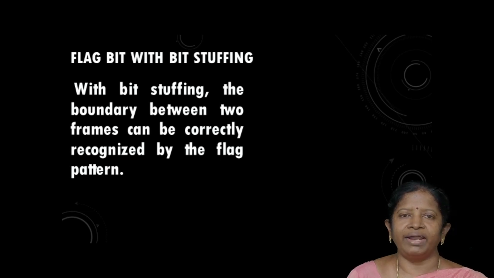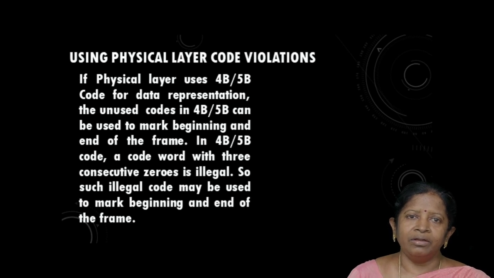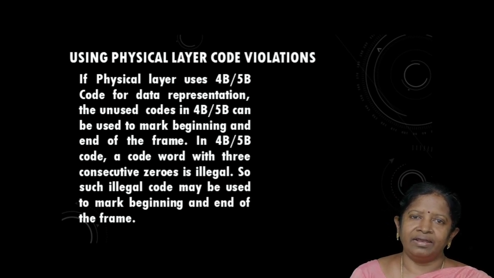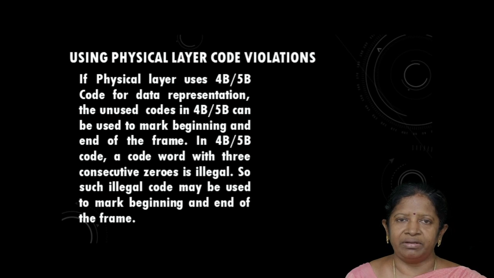So to avoid that, we may go for one more method using physical layer coding violations. Usually, the physical layer will be using the transition from the 0 state to the 1 state or the 1 state to the 0 state to mark the data bit.